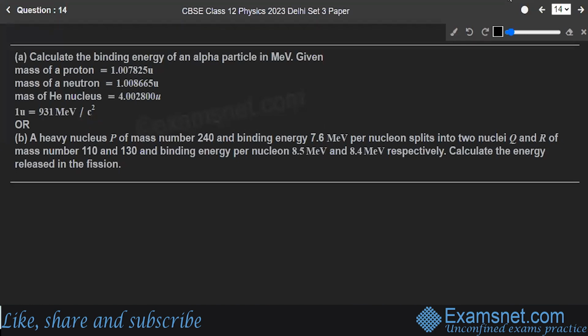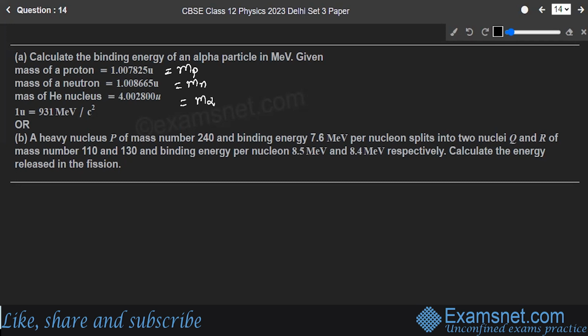Question number 14, calculate the binding energy of an alpha particle in MeV. Given the mass of proton, neutron, and mass of helium nucleus as this much, 1U is taken as 931 MeV upon C square. Let's say this is Mp, this is Mn, and this is M alpha.